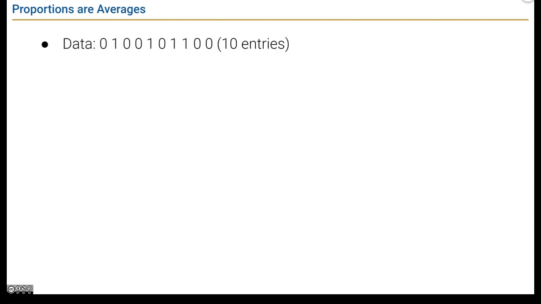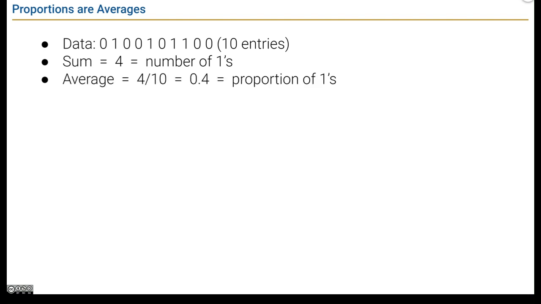Well, let's just do it with a simpler data set to start. So suppose I just have 10 entries of zeros and ones. And again, in a yes or no poll, you could think of 0 as no and yes as ones. Notice if I just sum the data, that's actually going to give me the number of yeses. And so if I take the average of the data, that's actually going to give me the proportion of yeses.